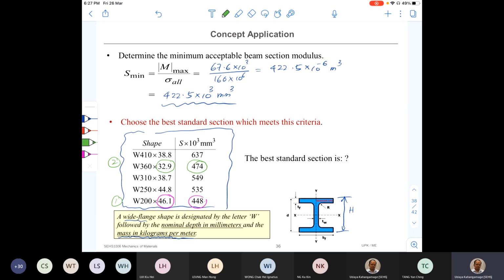So can you write the answer now? Choose, I say 2 here, right? That is the W360 by 32.9 shape. Why? Because it is the lightest.